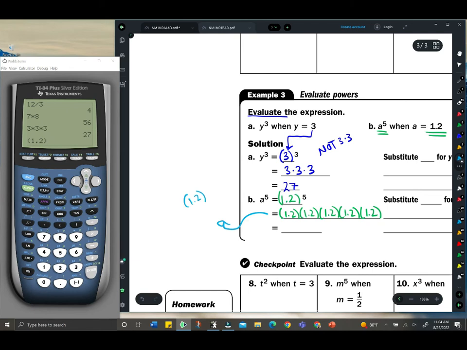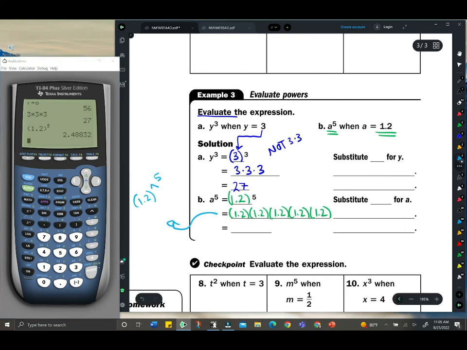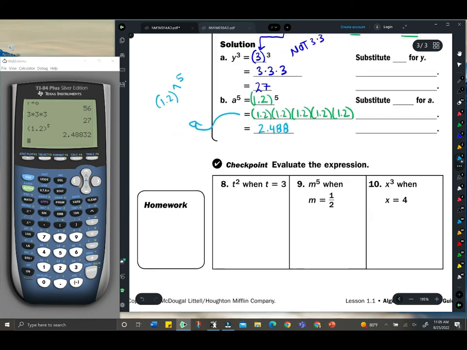Caret, which is right above division, and that will get your cursor up there to the fifth, and you hit enter. You should get that number there. So 1.2 to the fifth is the same thing as 2.488. You can round to whatever you'd like, and that's okay.